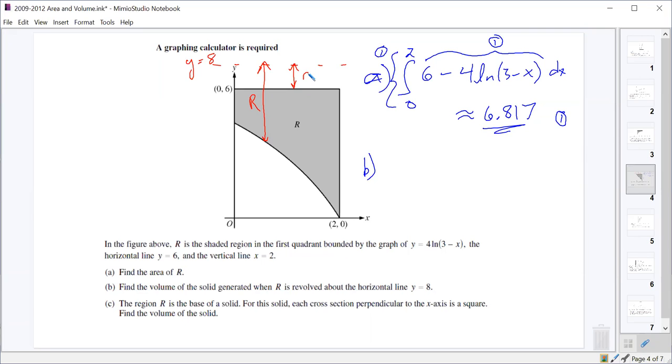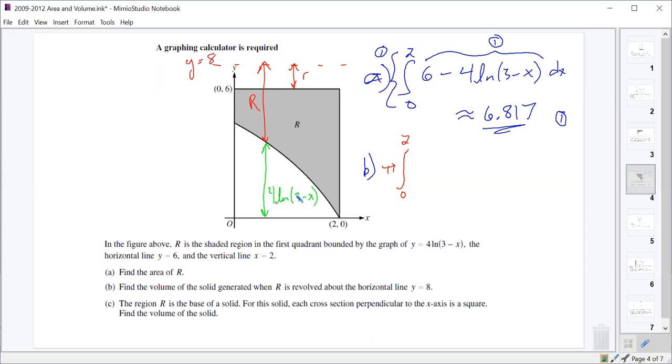Okay. So pi times the integral from 0 to 2 of your outer radius. Well, our outer radius is, like we said, from 8 to the function. The function here is y, right? It's this 4 ln 3 minus x.